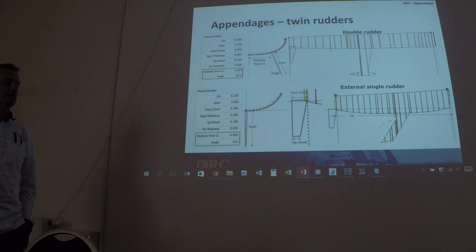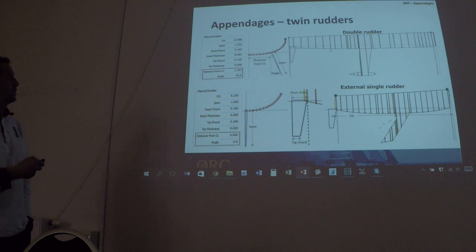In general, in the offset file, you have to define it with a couple of measurements. What is important is the center of gravity position in relation to the boat, the span, the height of this, root chord and thickness, tip chord and thickness.